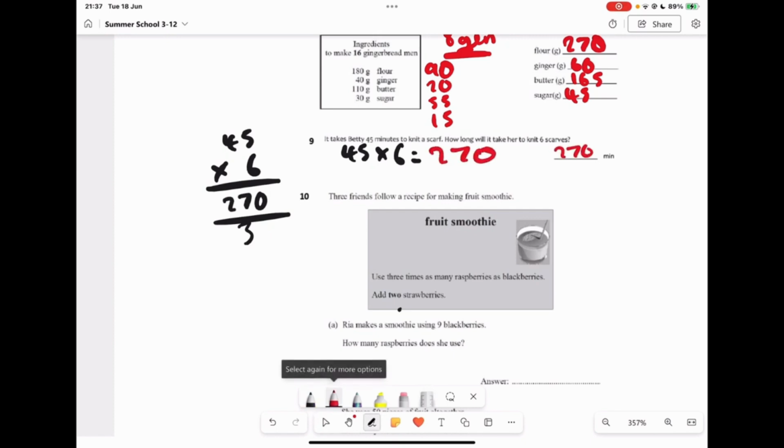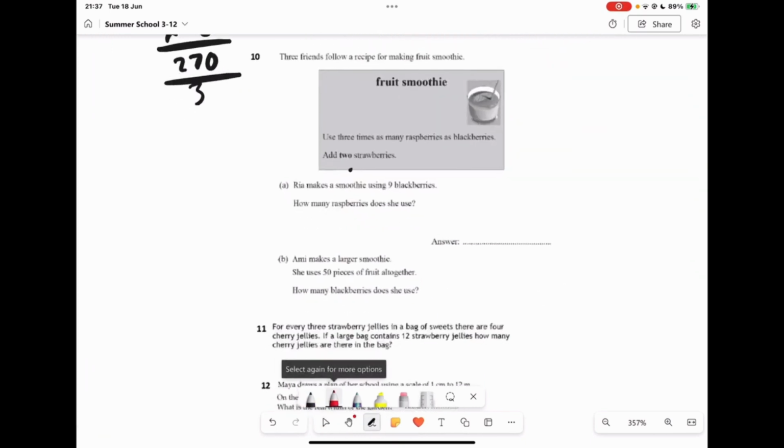We'll write that here. Question 10. 3 friends follow a recipe for making fruit smoothie. It says to use 3 times as many raspberries as blackberries, and also add 2 strawberries. Ria is making a smoothie using 9 blackberries.